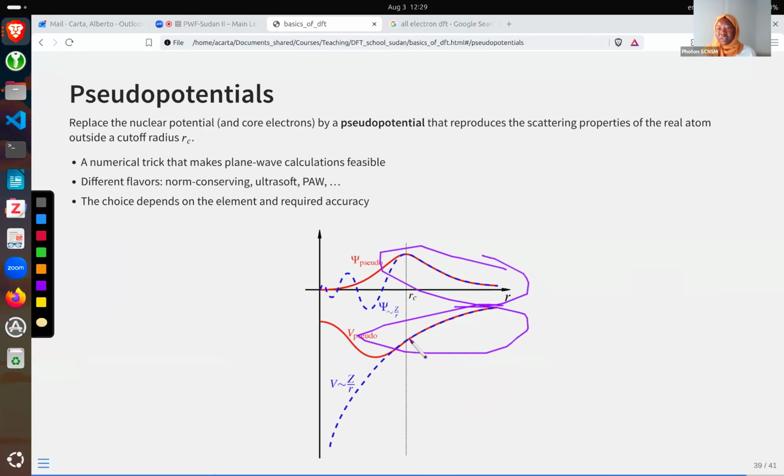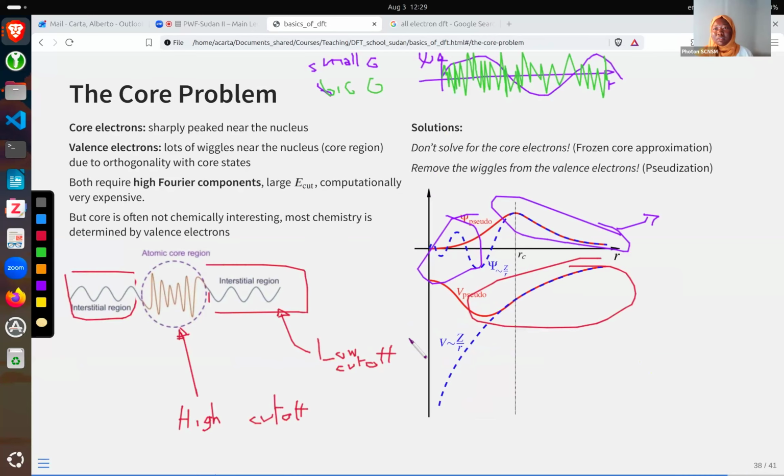Good. Any questions? If there is no question, we can conclude now. There is a question by Rania. Yes, please, Rania. For determining the value of ECUT that we have to stop at, there is also the K vector in determining this.